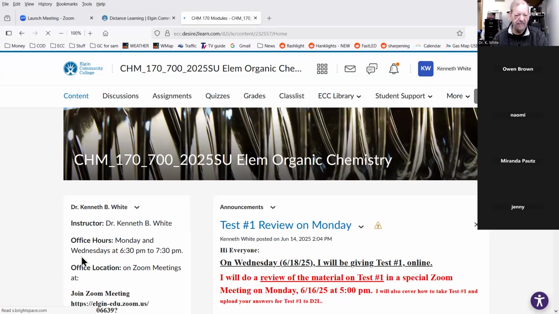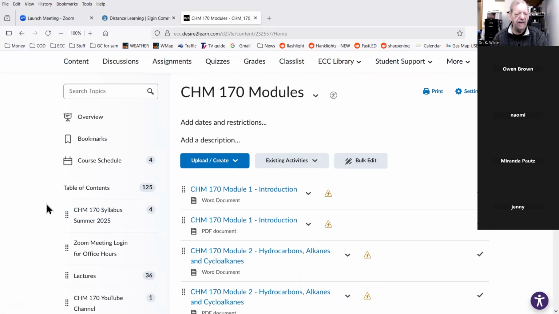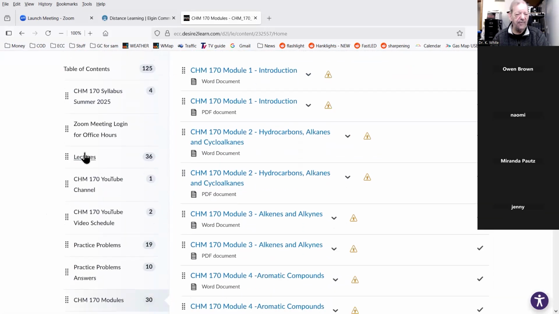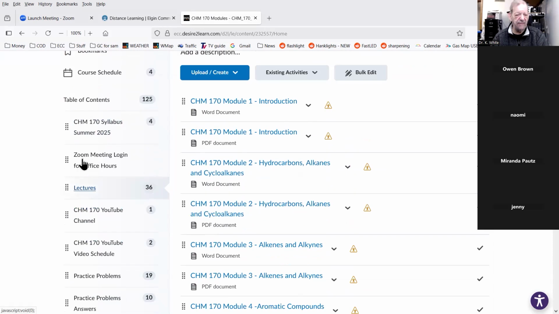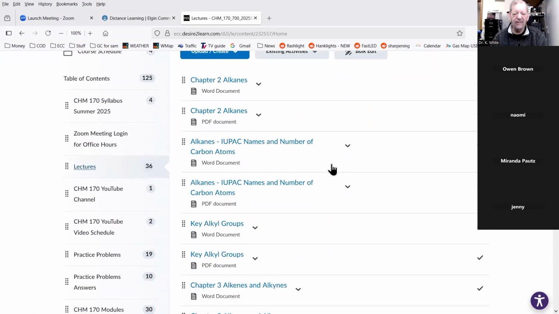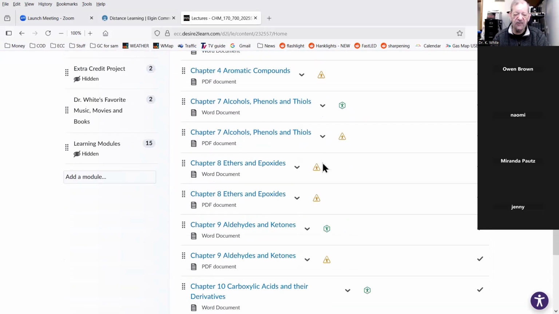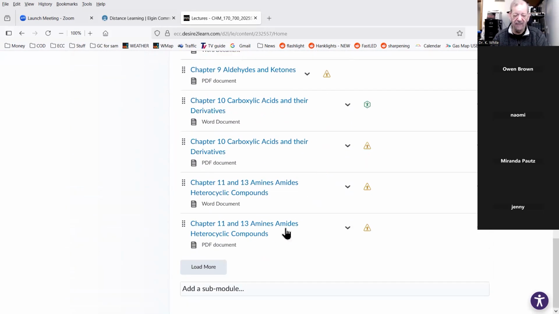All right, now one other thing I want to show you in D2L. If we go to content, then click on lectures. And this is because D2L is very old software. We scroll all the way at the bottom. See where it says load more? You're going to have to click on that, which I'm going to do now, left mouse click.